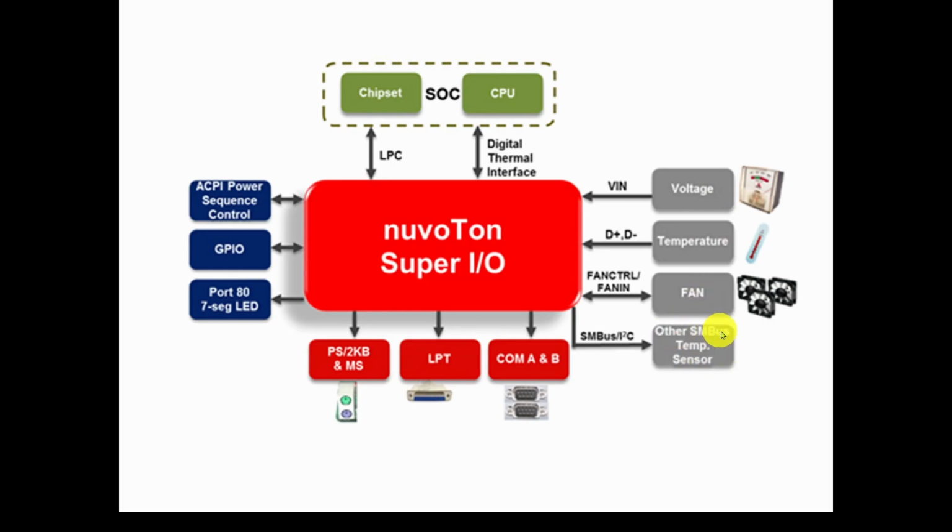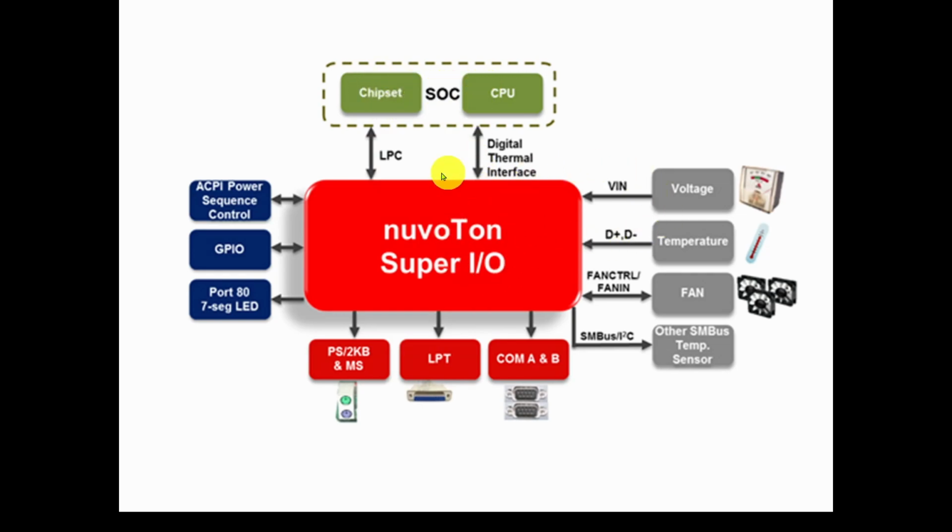Also, it's got other SMBus temperature sensors. We can talk about that later, and that's over I2C. You can see it also handles the old COM ports, the serial COM ports, LPT, which is the old line printers, and then PS/2 mouse and keyboard. And you can see it's also got LPC. Again, we see this LPC communication with the CPU and chipset system on a chip.